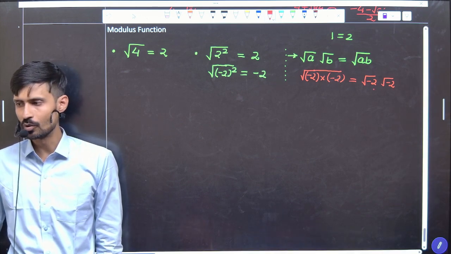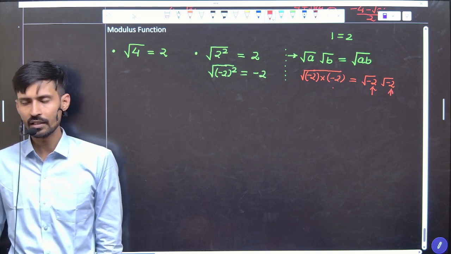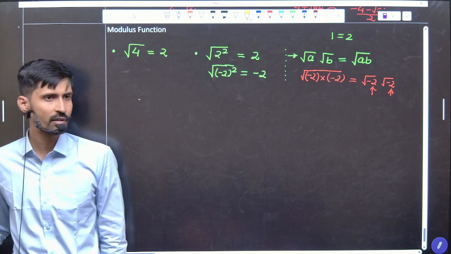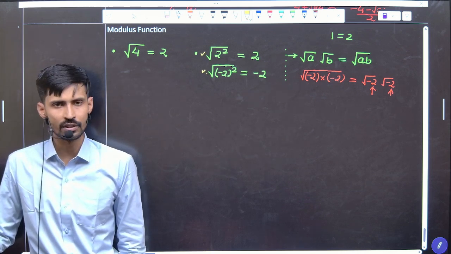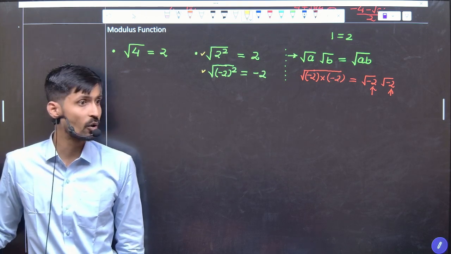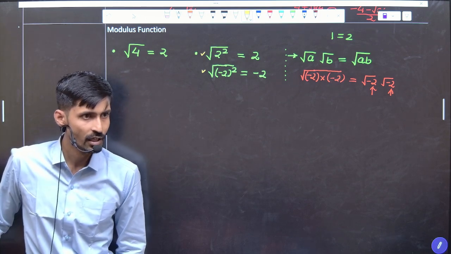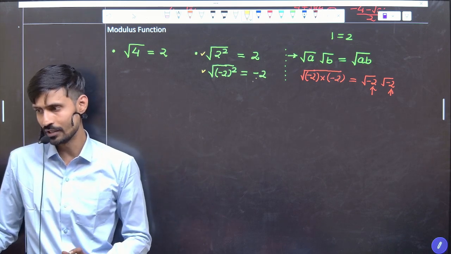Why? Because both are negative. So from here to here, it won't work. So now scientists thought how to remove this problem, because anyone can argue this. So they said, let's take one modulus. See, logarithm is at least generated from exponential. But modulus is generated from this understanding, for solving this problem.